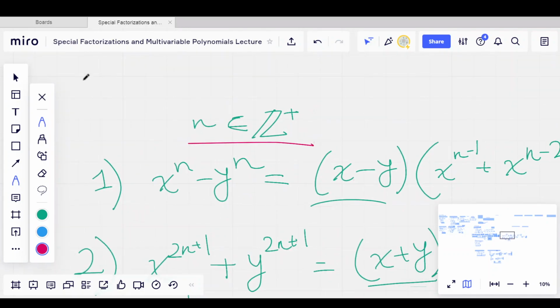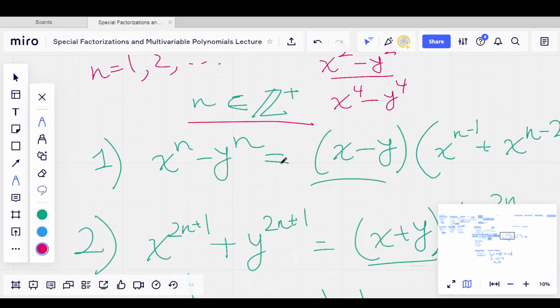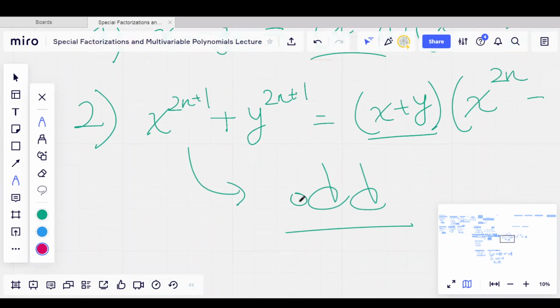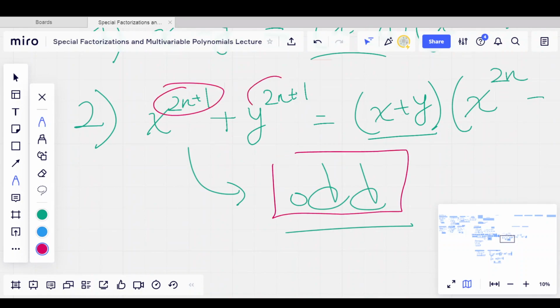It will work for n equals 1, 2, and so on. Of course, this will work because x squared minus y squared is just the difference of squares. Actually, any even power will work. However, this only works for odd powers.